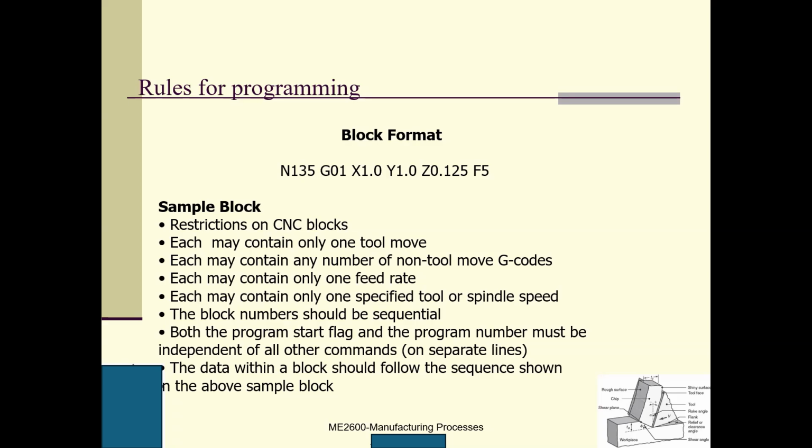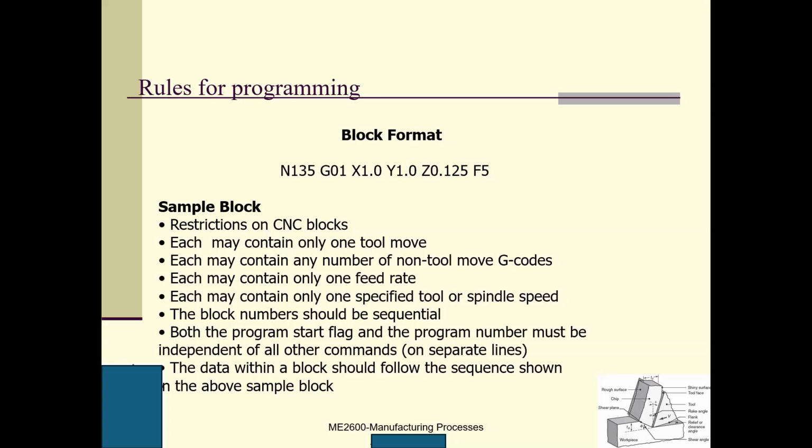See the sample block distribution on CNC blocks. Each may contain only one tool move. What does T01 do? Linear interpolation, linear movement, right? Linear movement from the current position to this position with this speed.